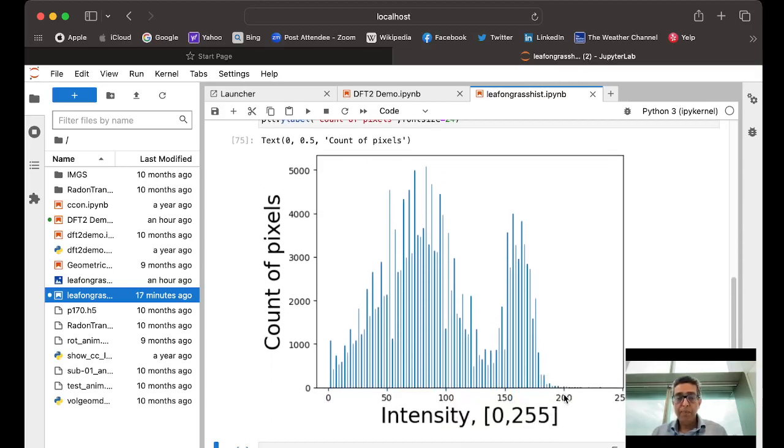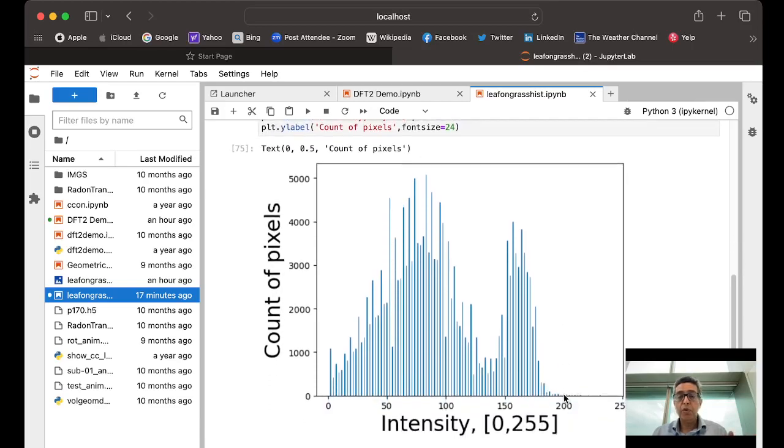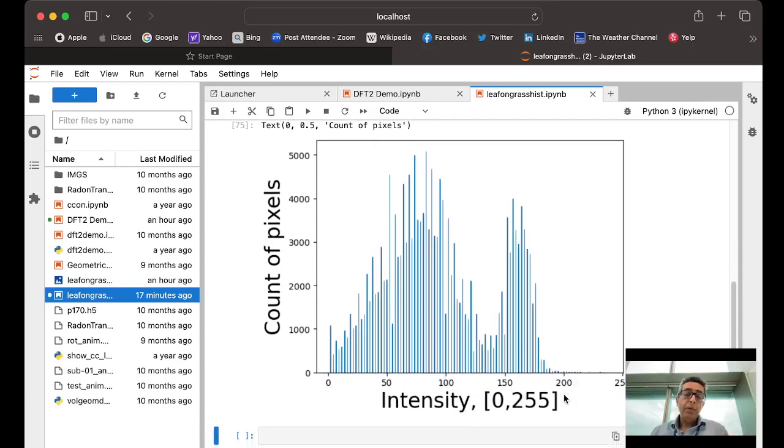I've specified having 100 bins, and then what Matplotlib does, which you have to be careful with, is that it finds the biggest value in the image array and uses that as the upper bin value, and then it divides the range between the lowest bin value and the upper into 100 bins. So that's what's happened here.